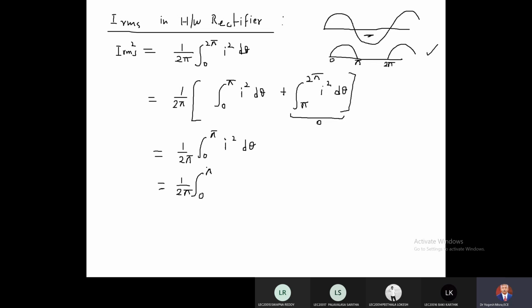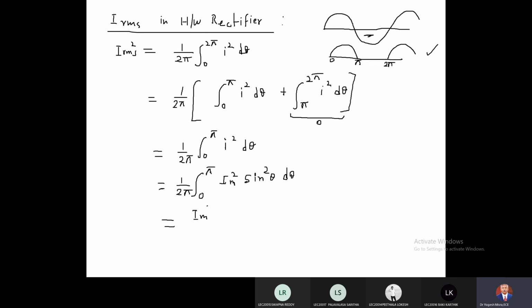We will replace I by Im sin theta, so we will get Im square sin square theta d theta. Im square I will take out from the integral.